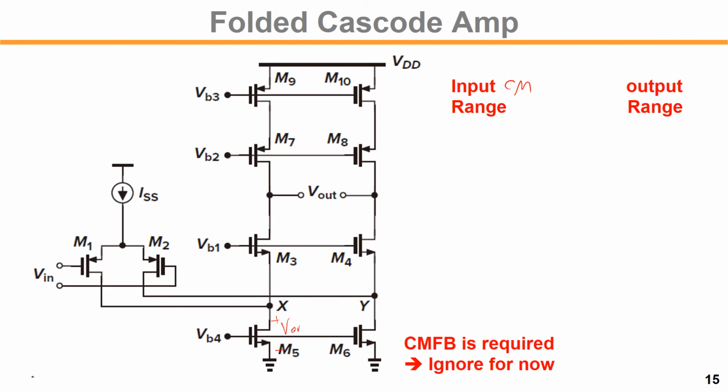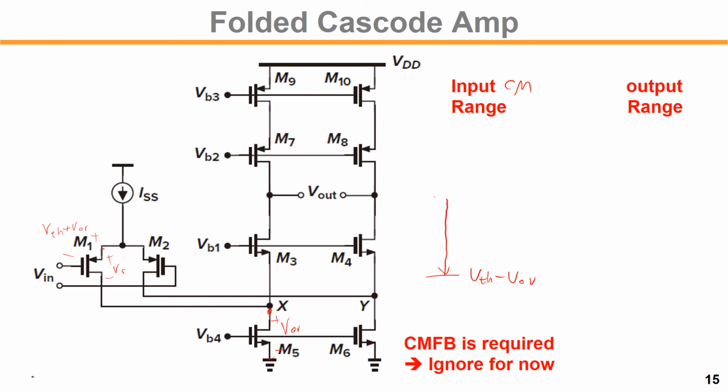Here overdrive is the minimum voltage for the X, and then another overdrive here, and then VTH plus overdrive. So if you count starting from the ground, you have a V1 plus overdrive, and a 2 overdrive, and then minus VGS. So that would be VTH minus V overdrive.